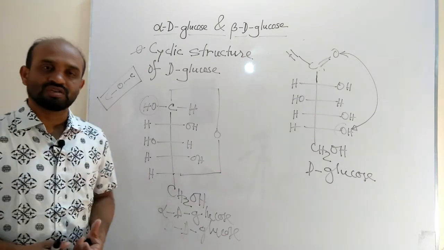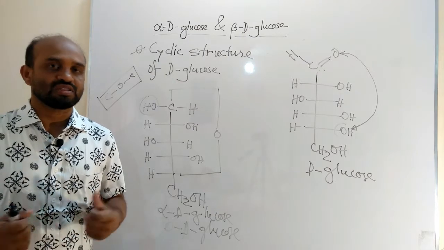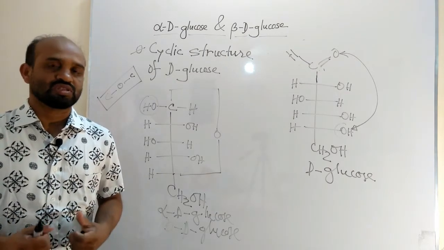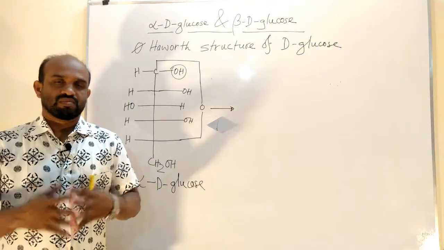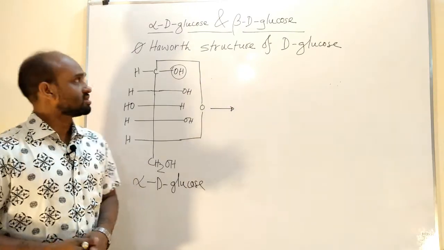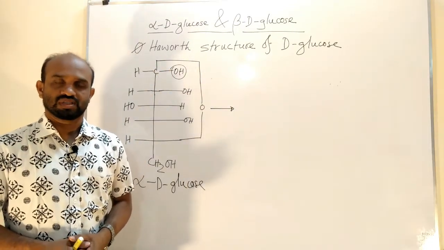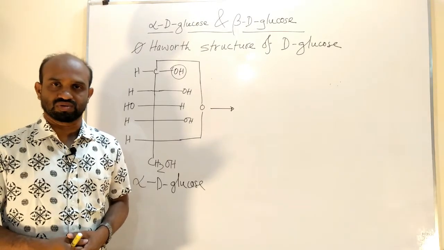So English scientist Haworth proposed another structure of glucose. Let's see the Haworth structure of alpha D glucose and beta D glucose. My students, our last point is the Haworth structure of D glucose. That means the hexagonal ring structure of alpha D glucose.